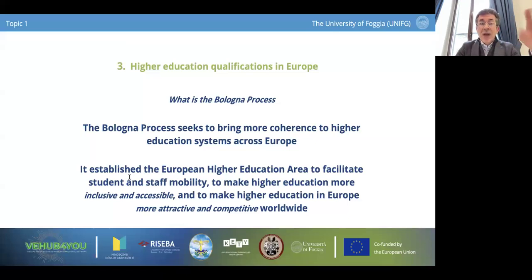Inclusive and accessible: making higher education systems inclusive and connected to society requires providing the right conditions for students of different backgrounds to succeed. This goes beyond the question of offering financial support to disadvantaged groups, although this is vital for those from low-income backgrounds.